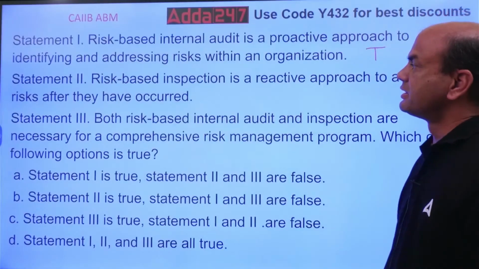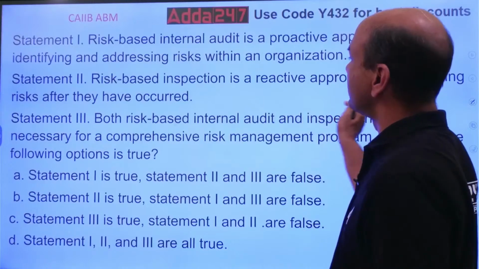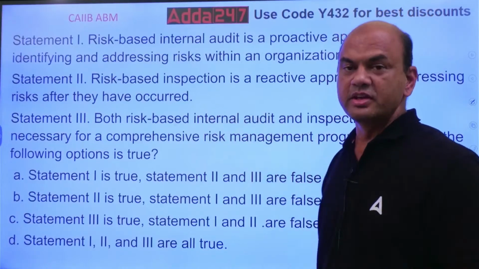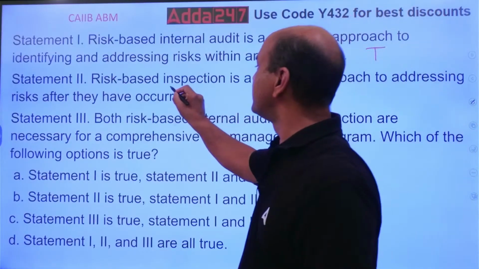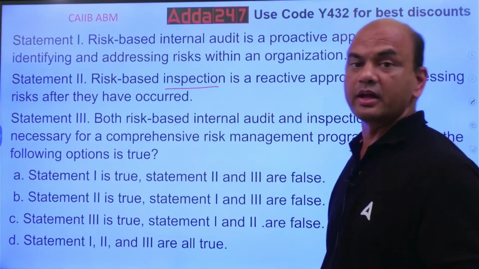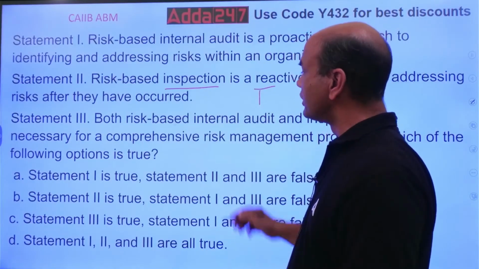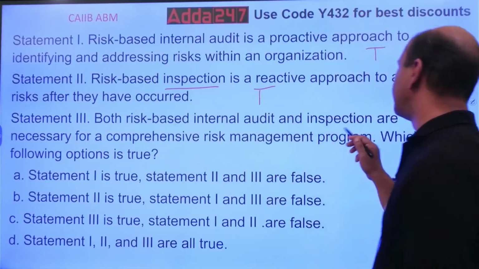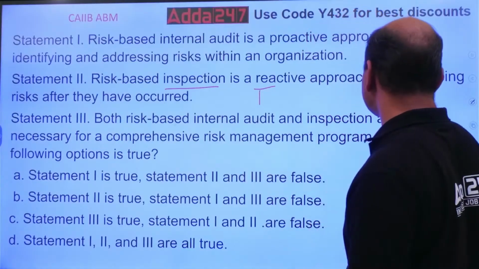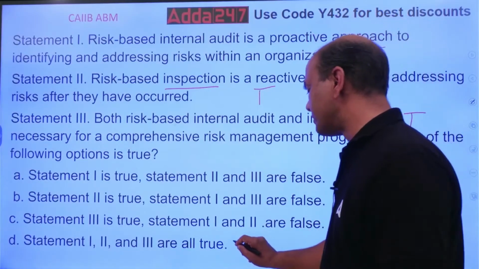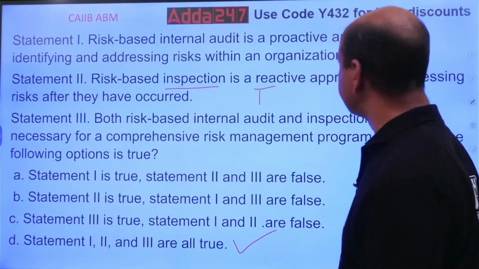Here you are talking of inspection, and inspection will always be done afterwards, so this is also true. Both risk-based internal audit and inspection are necessary for comprehensive risk management, so this is also true. So the answer is all of them: statements 1, 2 and 3 are true.